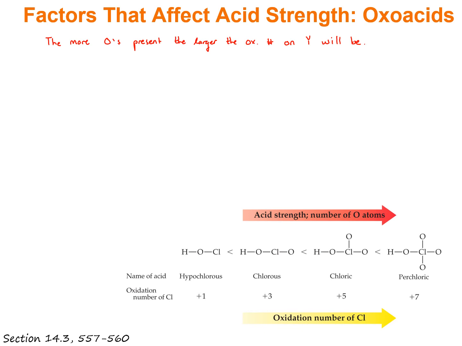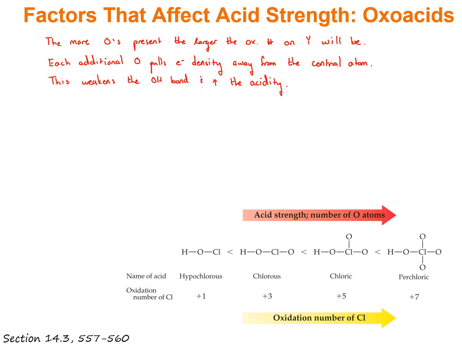So looking at that idea of more oxygens being present, what's going to occur is we're going to get a larger oxidation number on Y. So each oxygen that we're adding is just pulling and pulling away that electron density from that central atom.